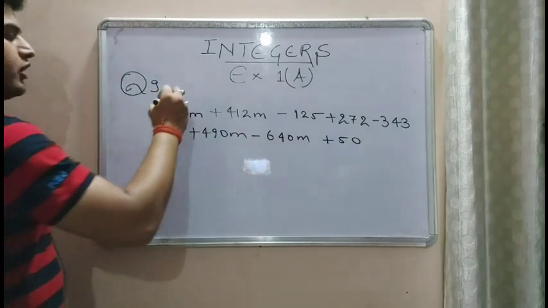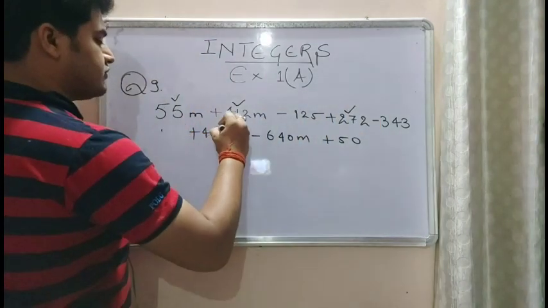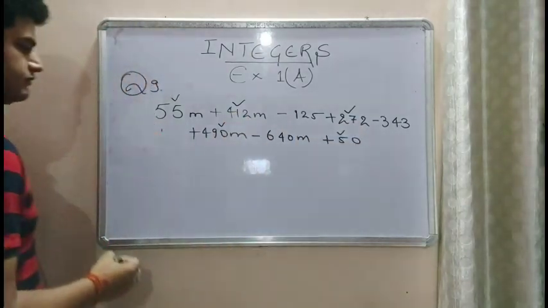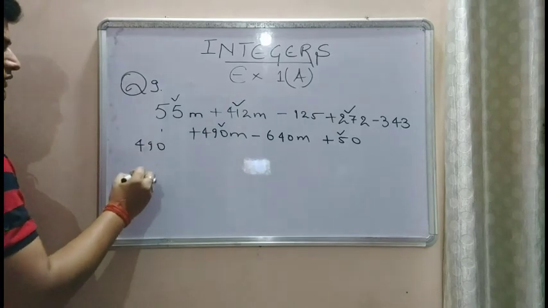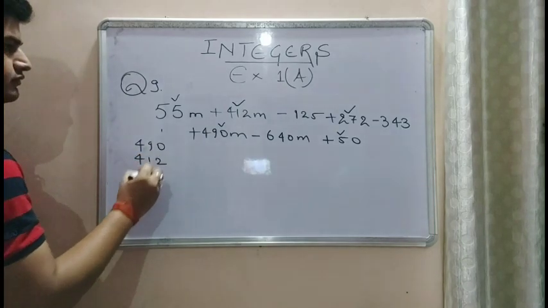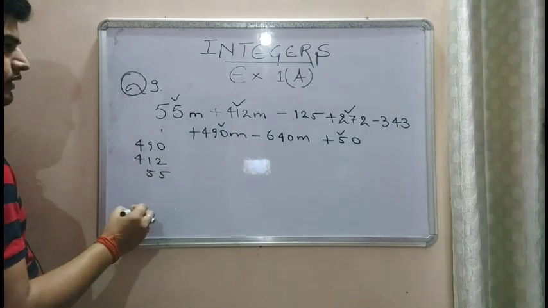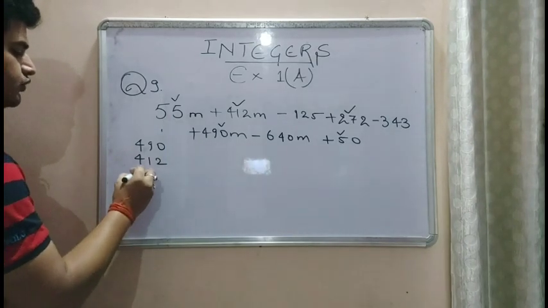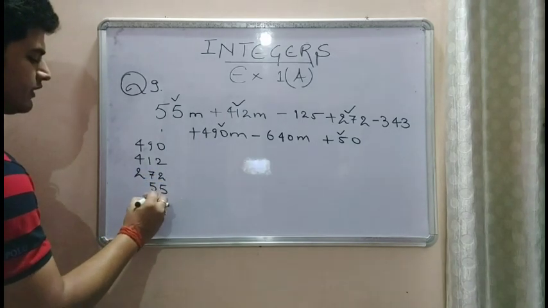So add all the positive ones together. These are the positive values, add them together. So 490, then 412, then 55, 272, then 55, and then 50.